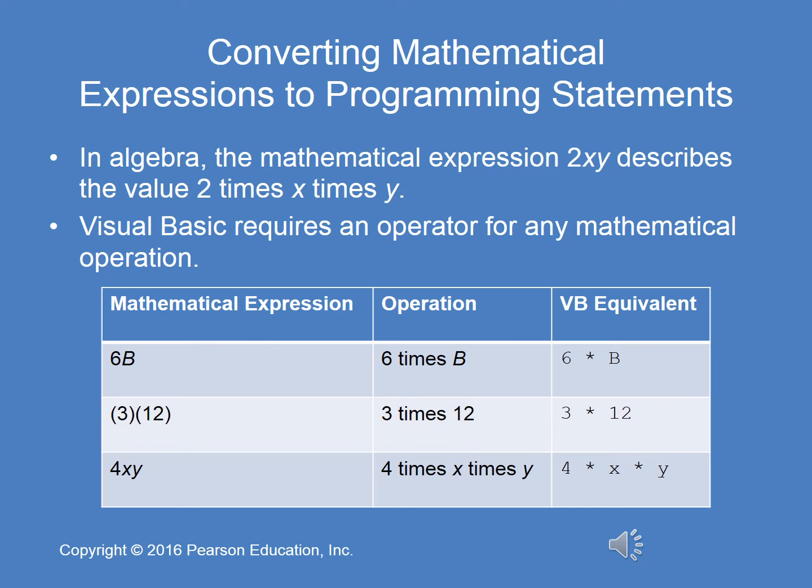Well, in Visual Basic, you can't do that. Visual Basic requires an operator for any mathematical operation. So 2 times x times y would be 2 asterisk x asterisk y, assuming x and y have been declared as variables. Here's a table that gives several mathematical expressions, the operation, and the equivalent expression in Visual Basic.